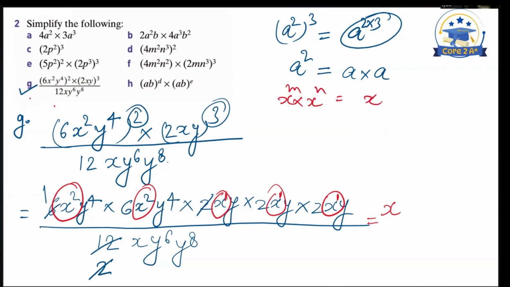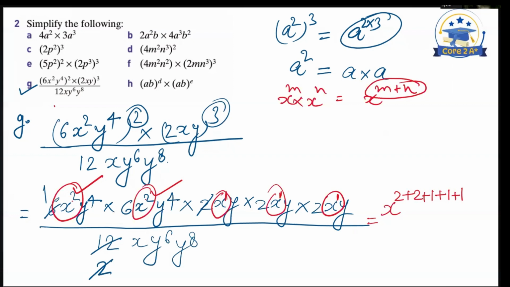We have to add the exponents, m plus n, right? So I'm going to add 2 plus 2 plus 1 plus 1 plus 1. This is for x only.